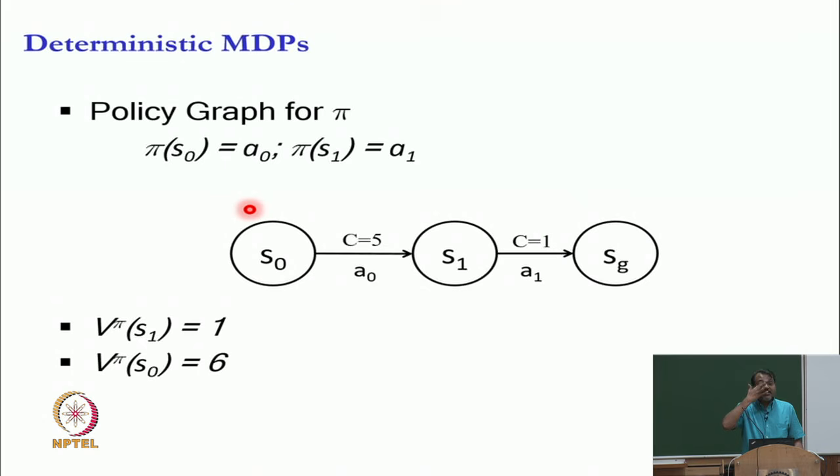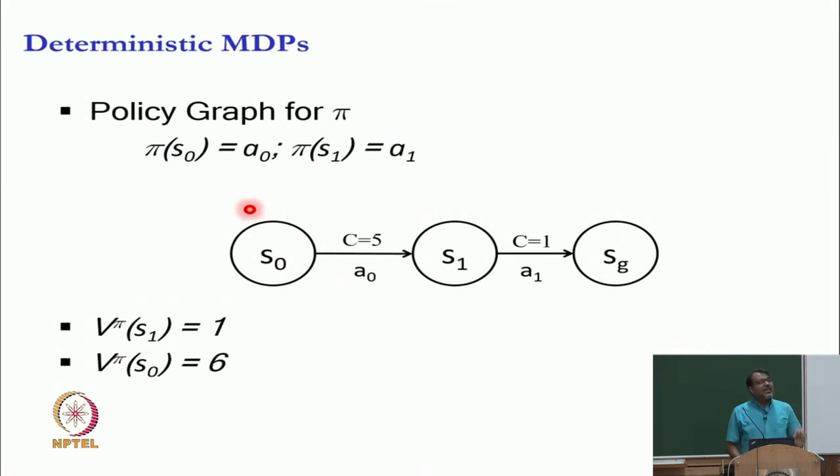What is V pi of S1? 1, because I pay cost 1 and reach the goal. What is V pi of S0? I pay cost 6 and reach the goal. This is a deterministic MDP. This is exactly how I can back up the values in any kind of a search algorithm. In fact, this is a path, I am giving you a path.